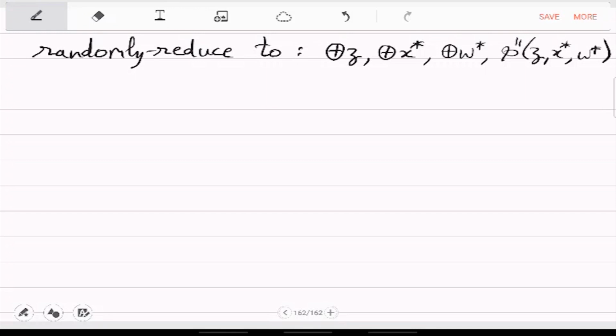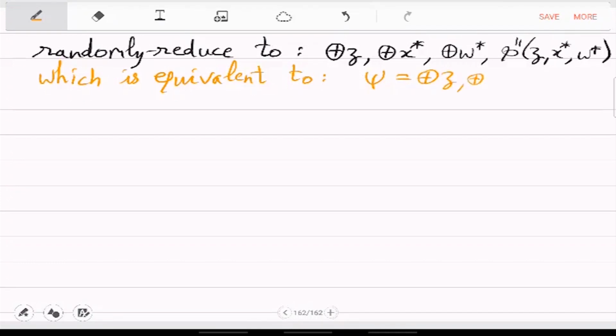So Z, X star, W star, which is equivalent to psi that we started with long time back: parity Z, parity X, not parity, there exists X for all W phi, right?